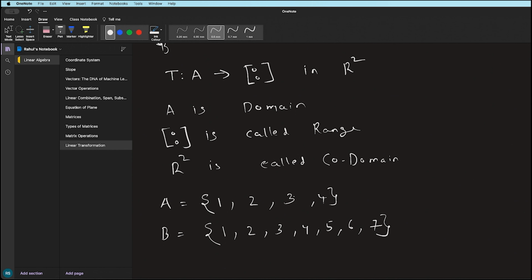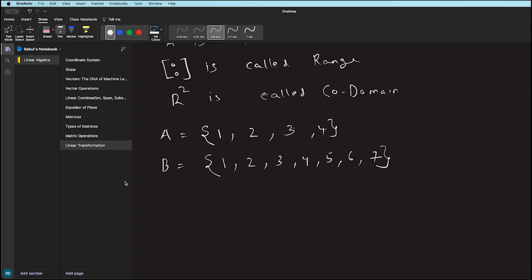Now, suppose the transformation T maps all the elements from A to B.